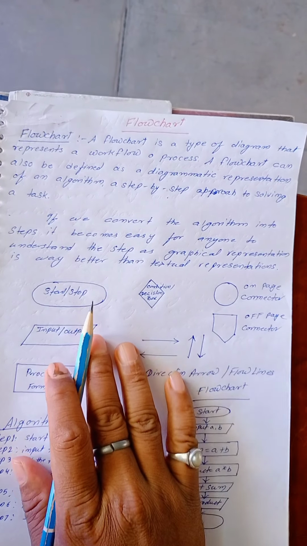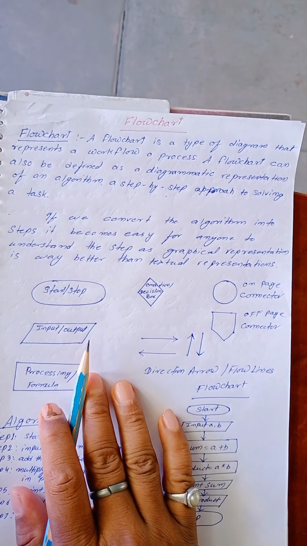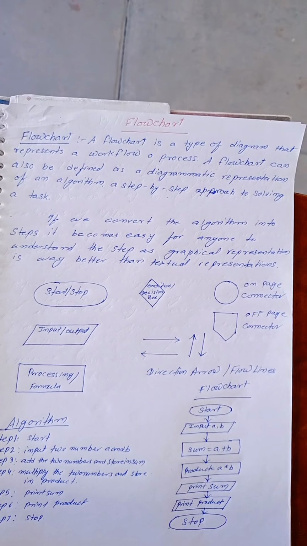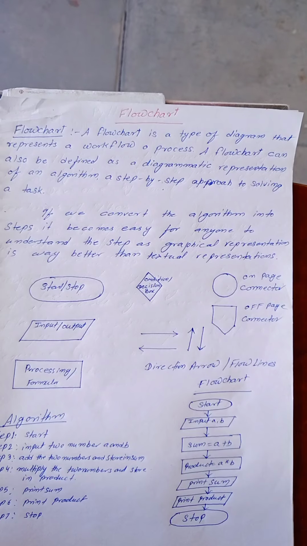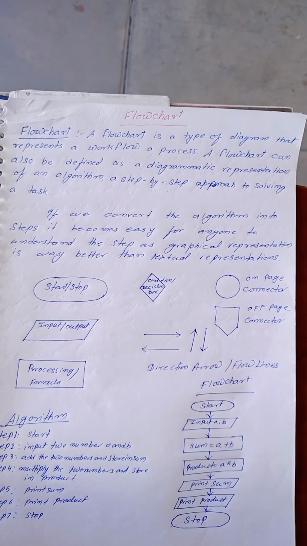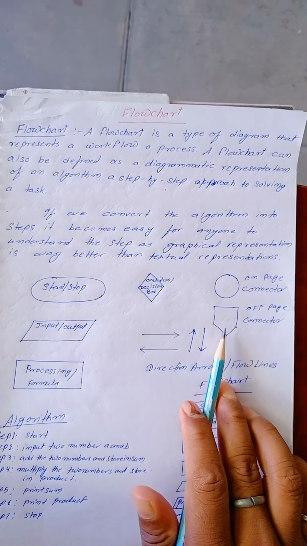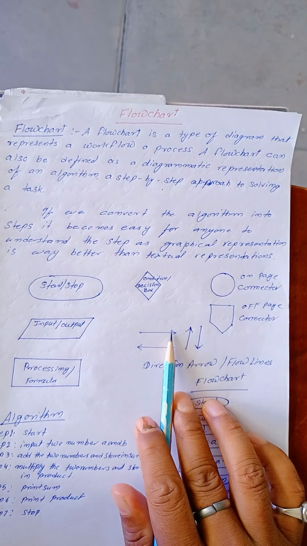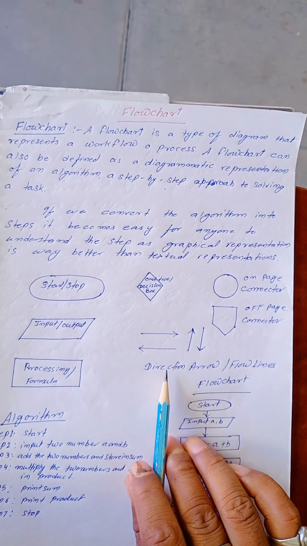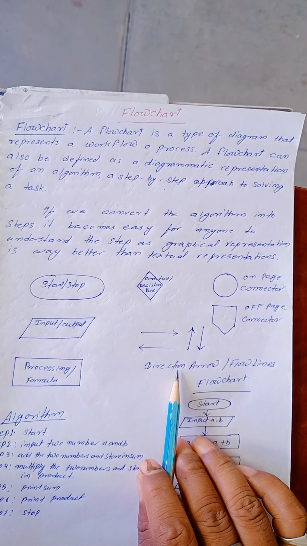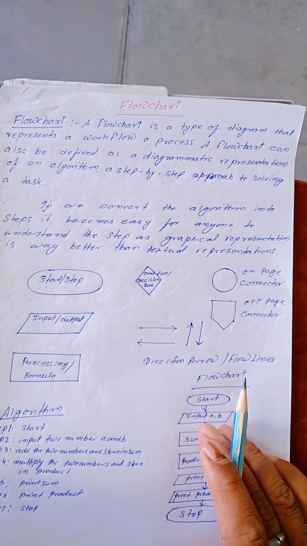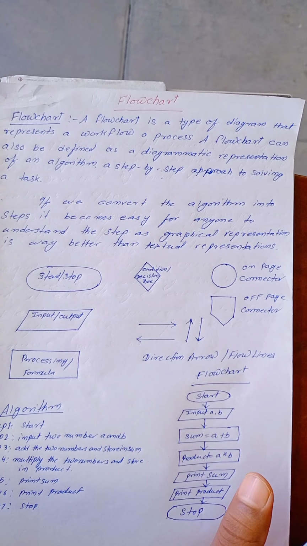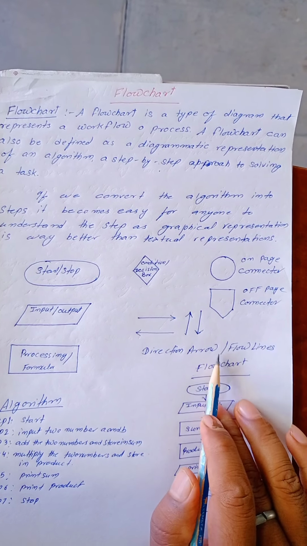After writing one algorithm or flowchart that does not complete on one page, if you want to continue on another page or another line, then we use off-page connectors. Understood? And these are the arrow symbols. They show the direction of your flowchart, where it is coming from and where it goes.